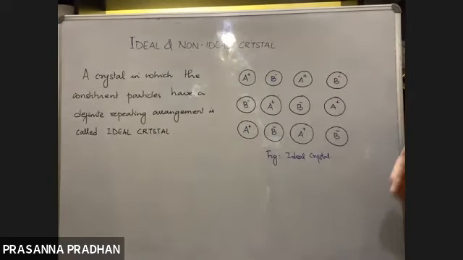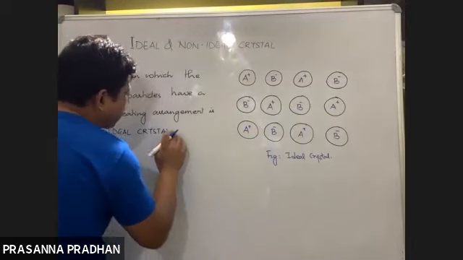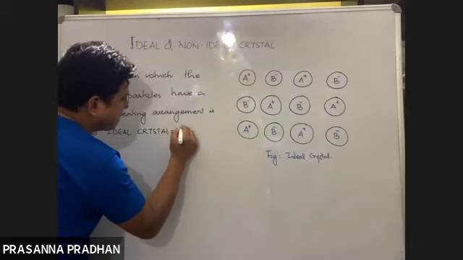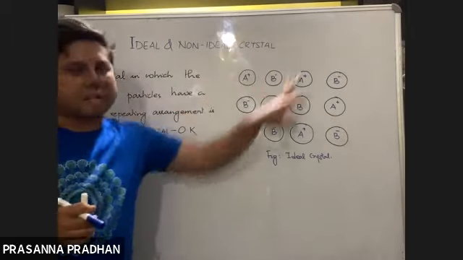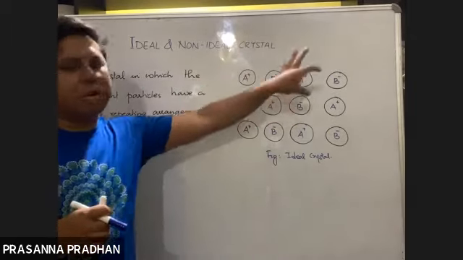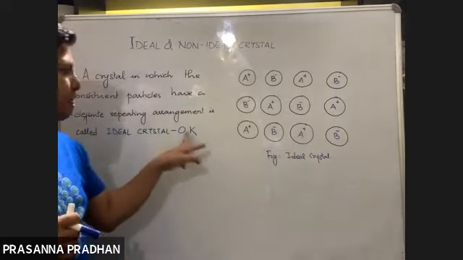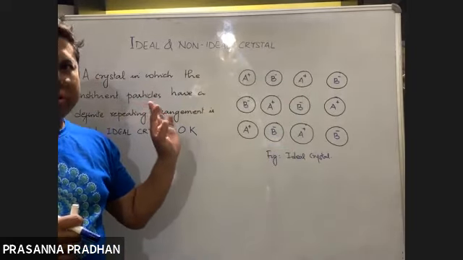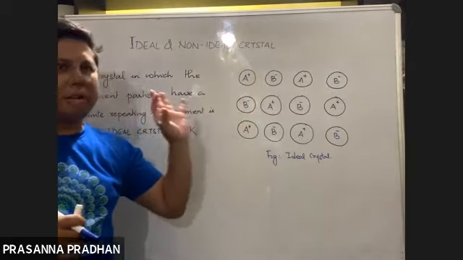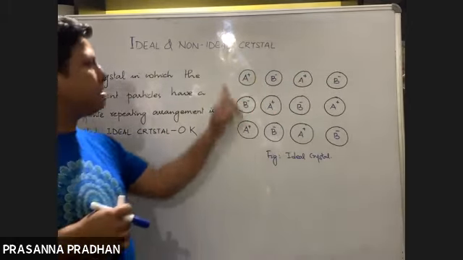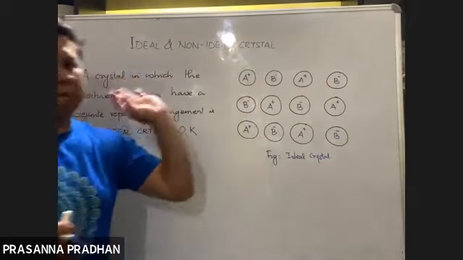So ideal crystal is possible only at absolute zero, only at 0 Kelvin. 0 Kelvin में क्या होगा? The molecular motion ceases. There will be no molecular motion. Vibrate भी नहीं करेगा इतना absolute 0 में. So only at absolute 0, the particles will be in their respective positions.